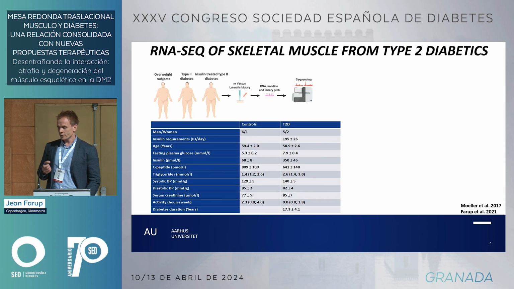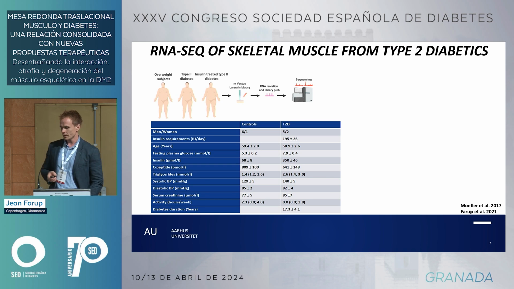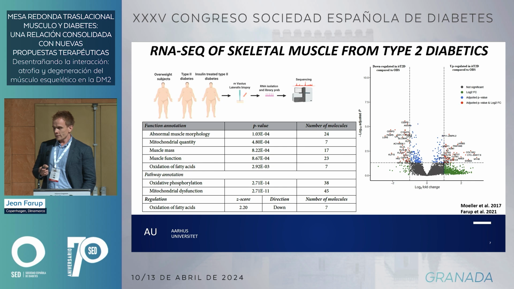To explore this further, a few years back, we collected tissue from healthy but obese control subjects and heavily insulin-resistant type 2 diabetic patients, who require daily insulin to maintain somewhat normal blood glucose levels. We looked at the transcriptome in these patients, and what really struck us was two main things.